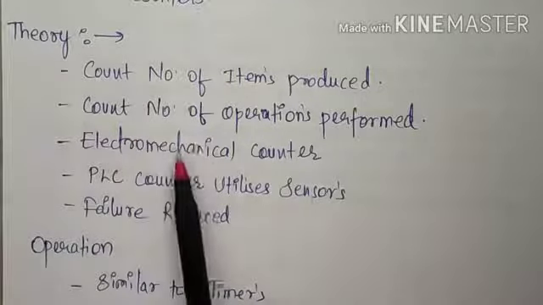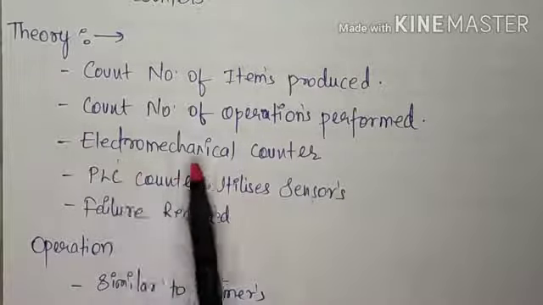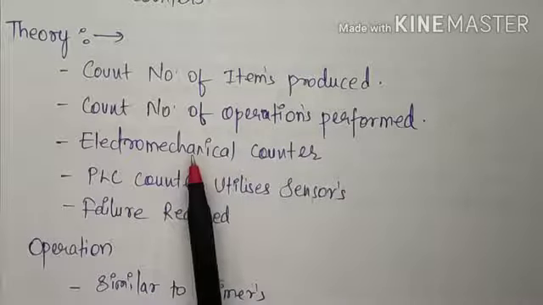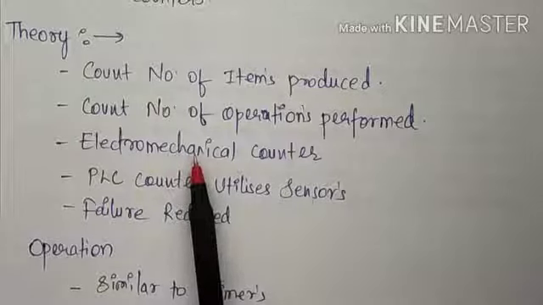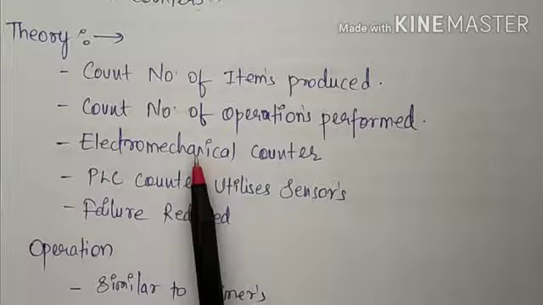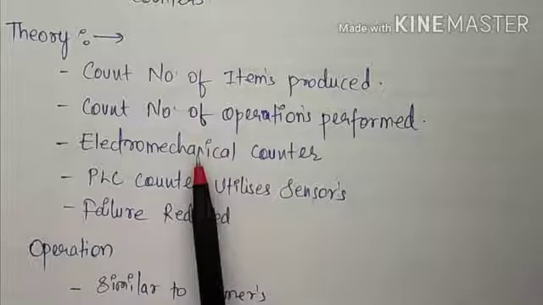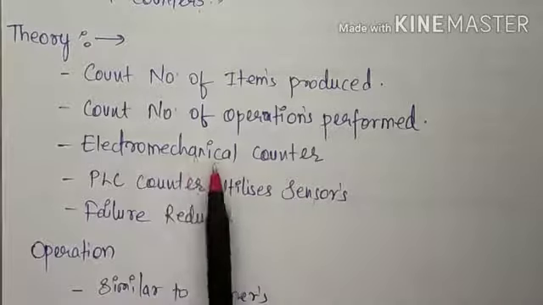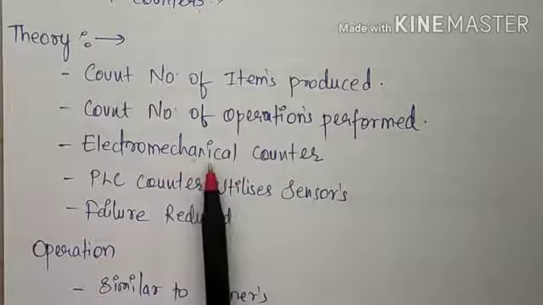Previously we used an electromechanical counter. It has moving parts like a solenoid spring assembly, which were used before PLC implementation. But the disadvantage is that the failure of any part of the counter leads to a mismatch in the reading.